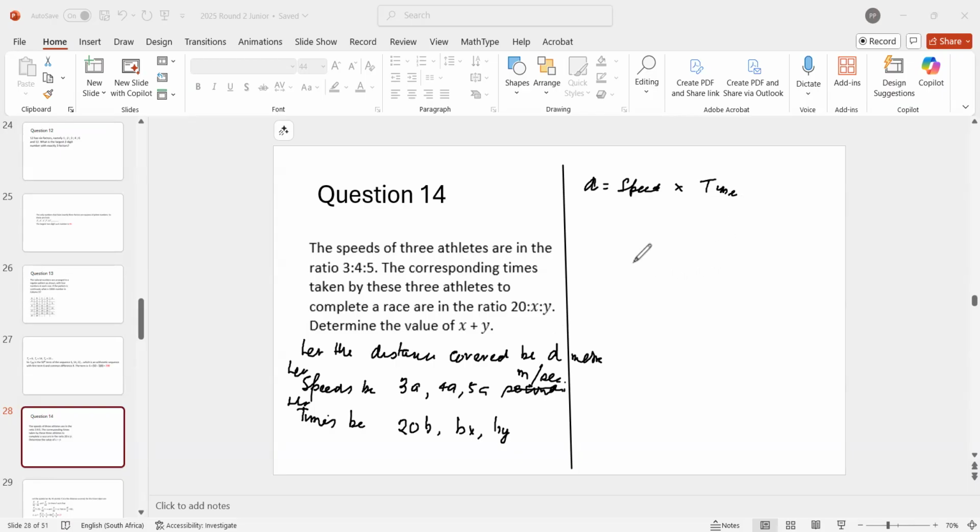So if you take the speed times time, so you got 60AB equals, so you got that times that. That's it. They all travel the same distance. Is equal to 4ABX. Right? It's the speed and this is the time. And that's equal to 5ABY.